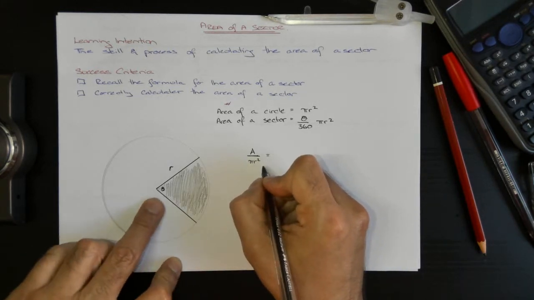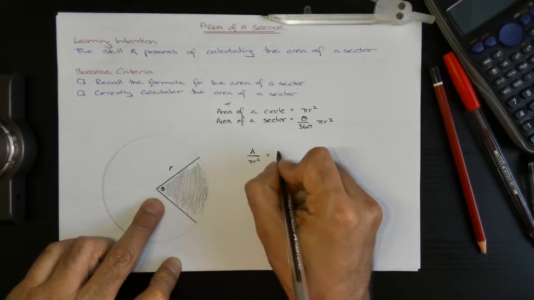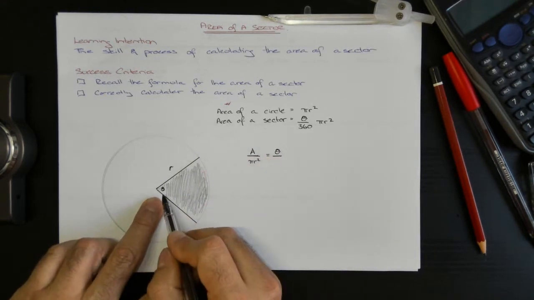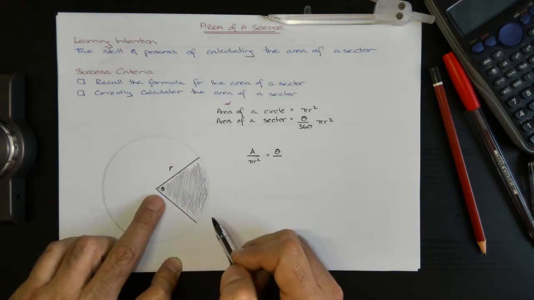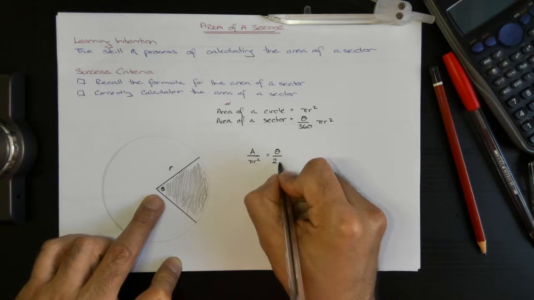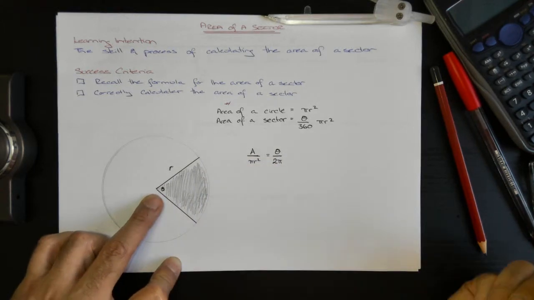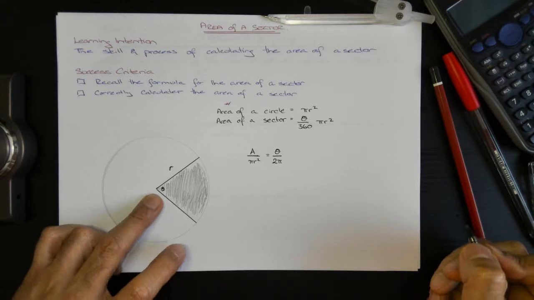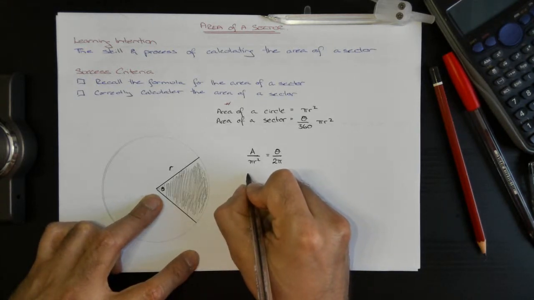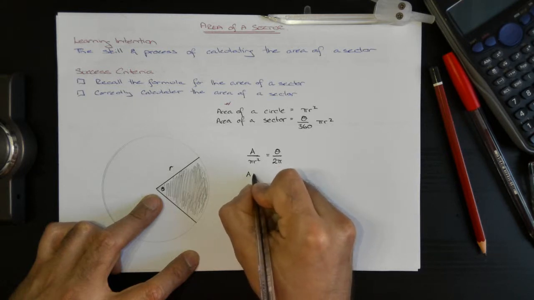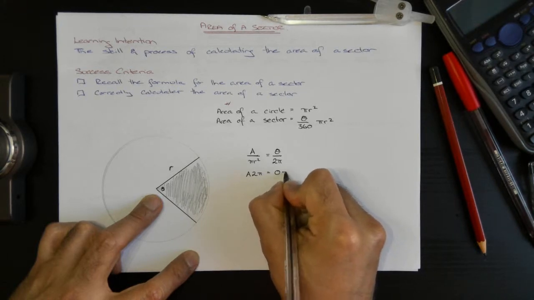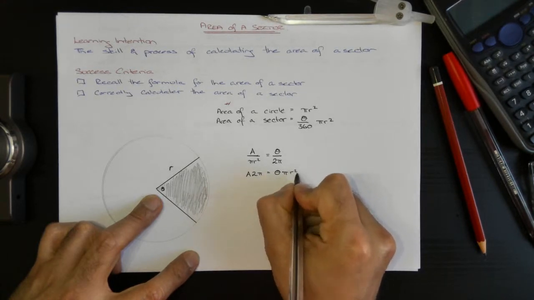Now, the angle is a fraction of a full revolution. And the full revolution in radians, instead of 360, is 2 pi. So if we cross multiply, A times 2 pi equals theta times pi r squared.